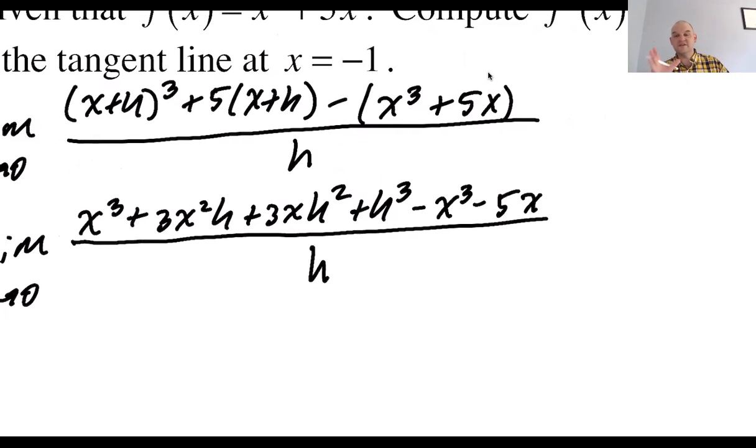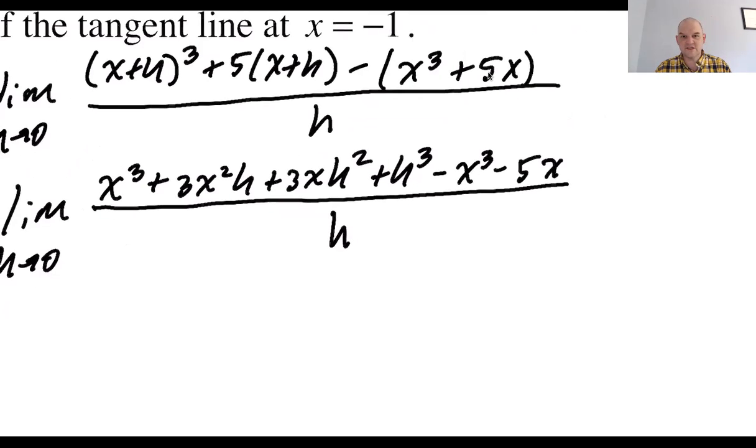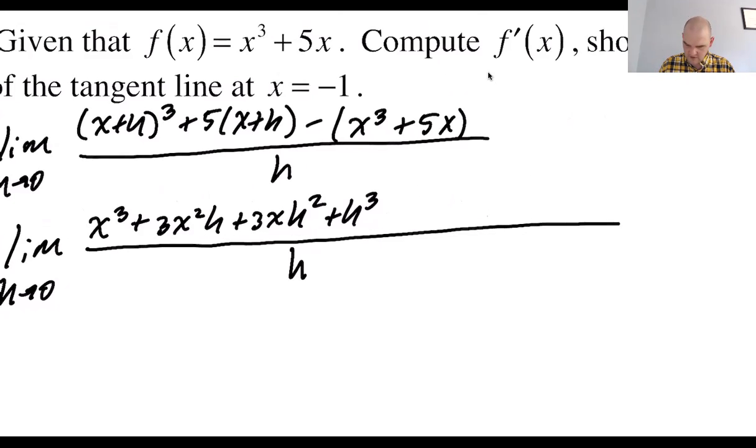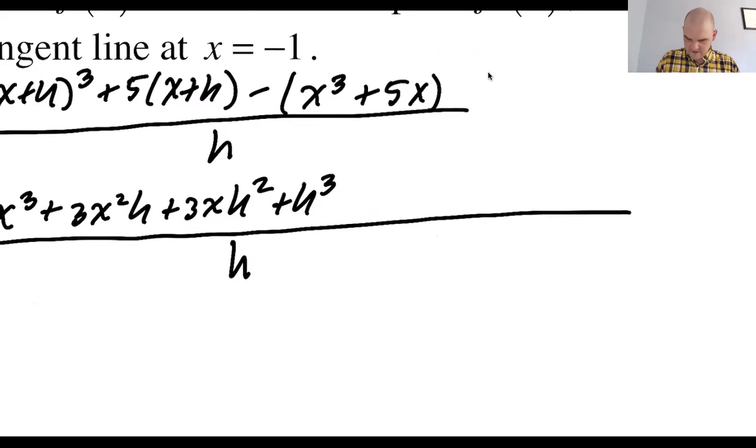Okay, if you did that part right, everything that doesn't have an h is going to cross out. So let's see if it does. I did it wrong because I forgot the second part there. All right, let me go back here. I'm going to need a much longer bar here. I got plus 5x plus 5h minus x cubed minus 5x.